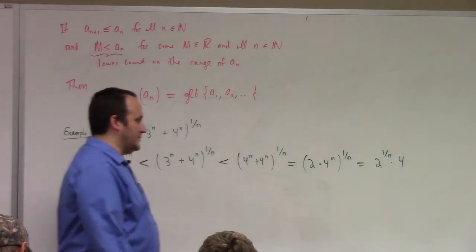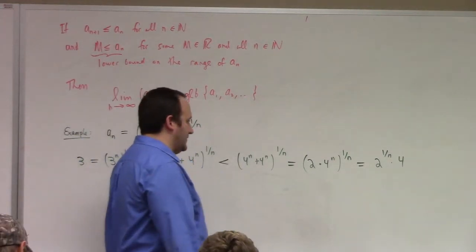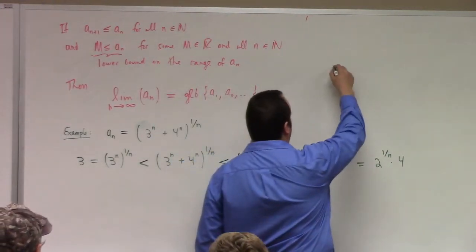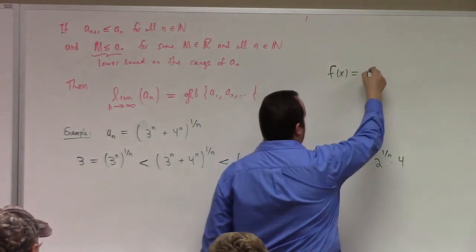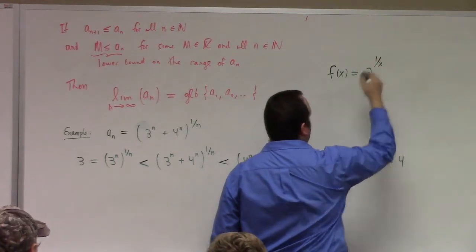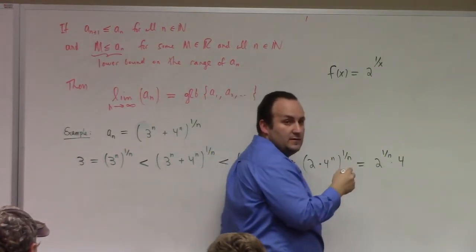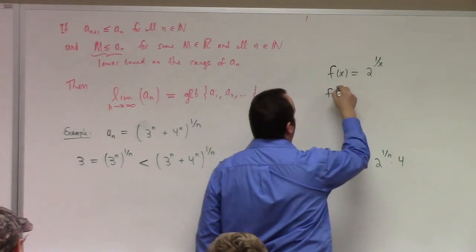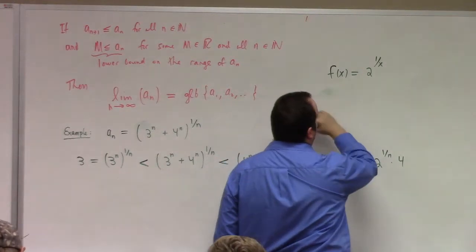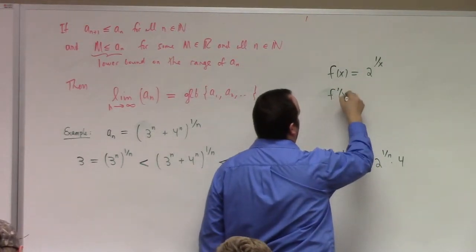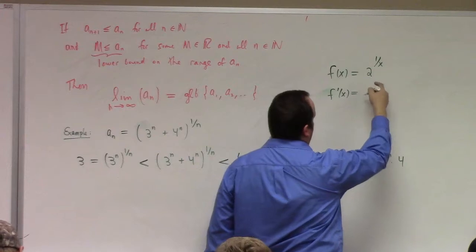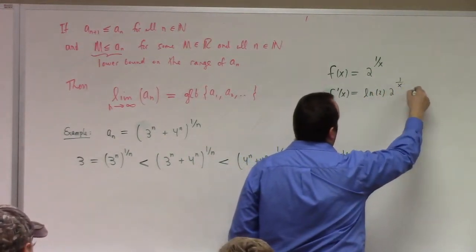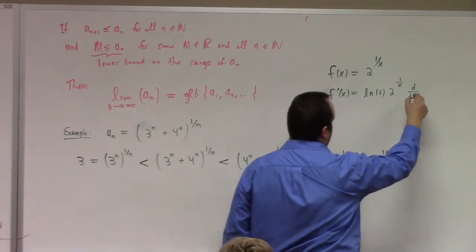I've been trying to avoid the explicit analysis of the 1 over n function, but let me just hack away at it for a second. If we let f of x equal 2 to the 1 over x, how do you do this derivative? We get log of 2 times 2 to the 1 over x, times the derivative with respect to x of 1 over x.